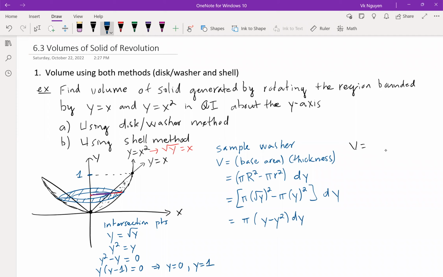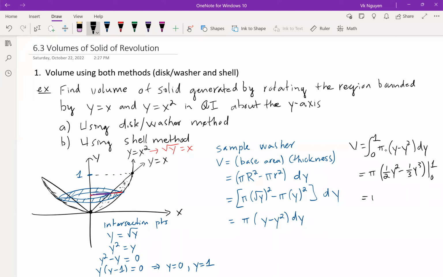This is 1 right here. Integral from 0 to 1 of pi times y minus y squared dy. Pi times one half of y squared minus 1 over 3 y to the power 3, evaluated from 0 to 1.